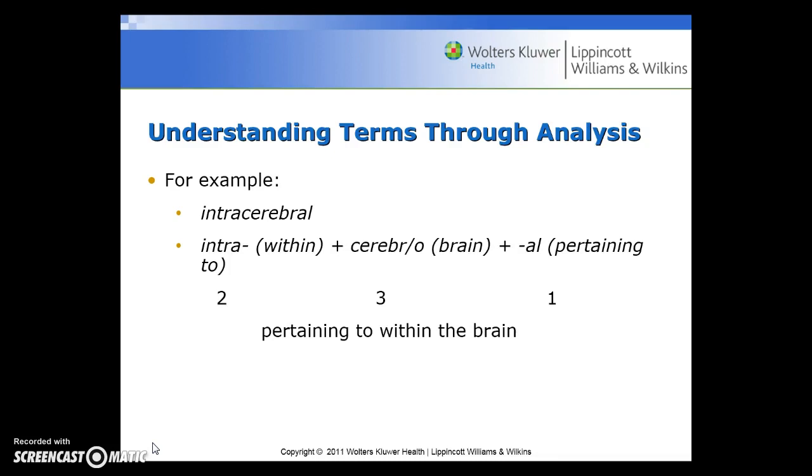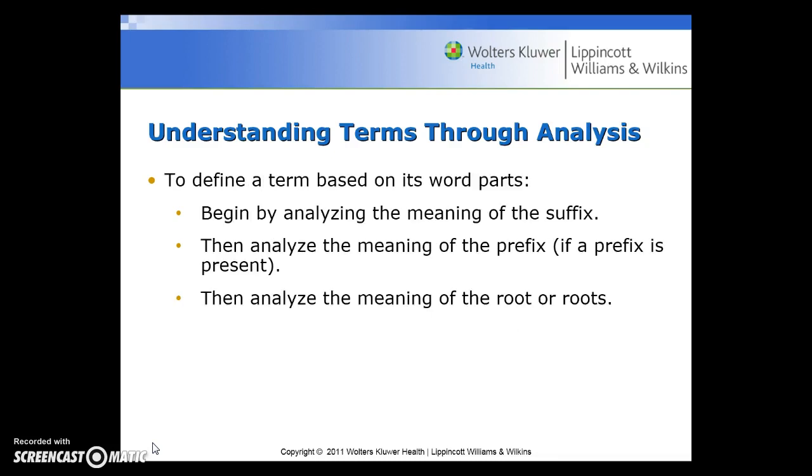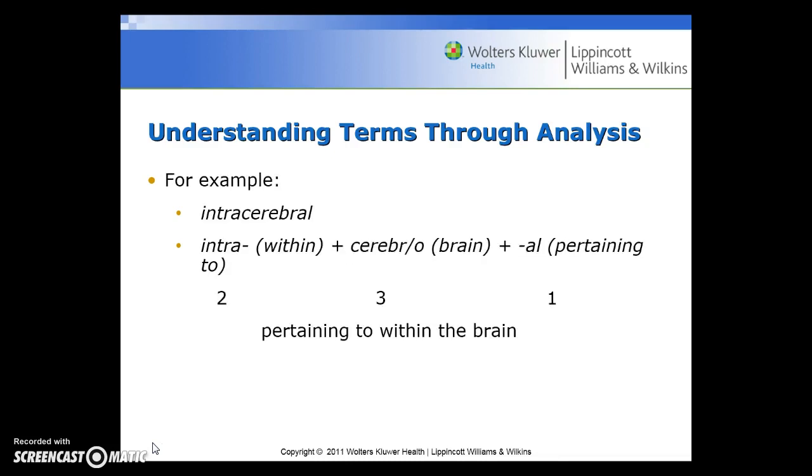So intra is within, cerebro or cerebr is brain, and al is pertaining to. So how this is broken apart is pertaining to within the brain. So you can see we do the suffix first, then the prefix, and then the root. So pertaining to within the brain, almost backwards there.